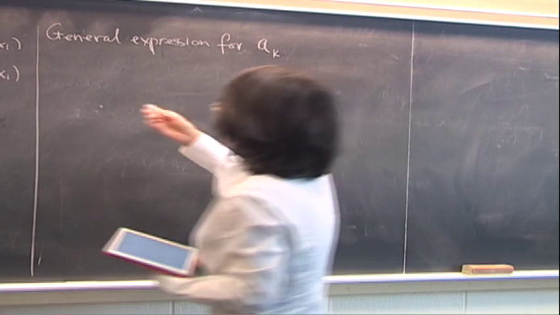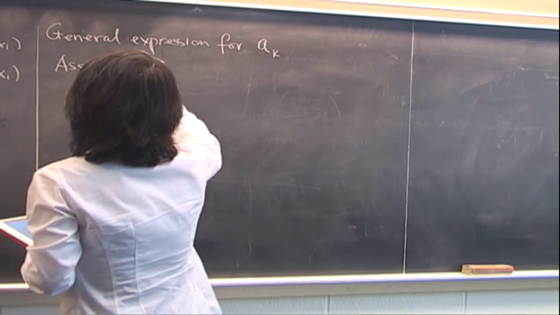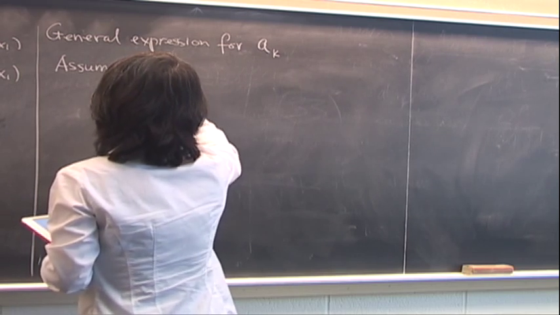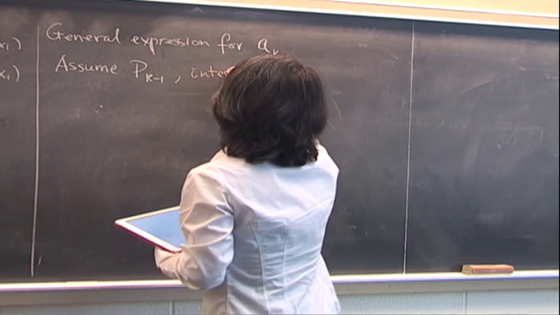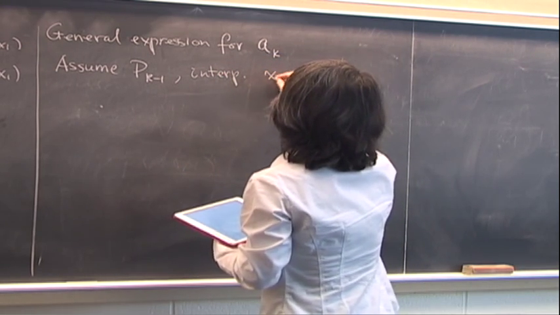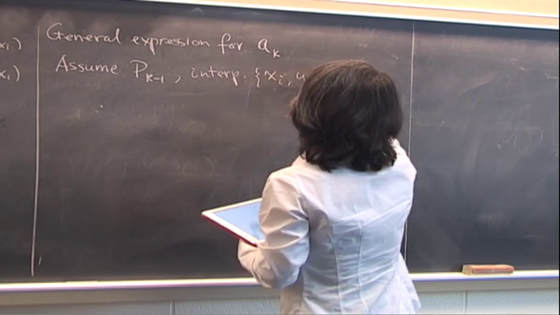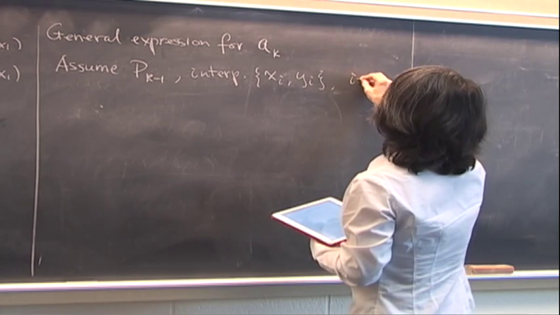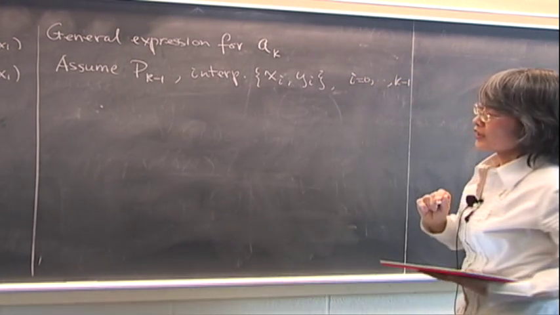So, okay, we're familiar with the setting, so we need to say something. Assume now I have a polynomial p_{k-1}. It interpolates the data of xi, yi, i from 0 to k minus 1.